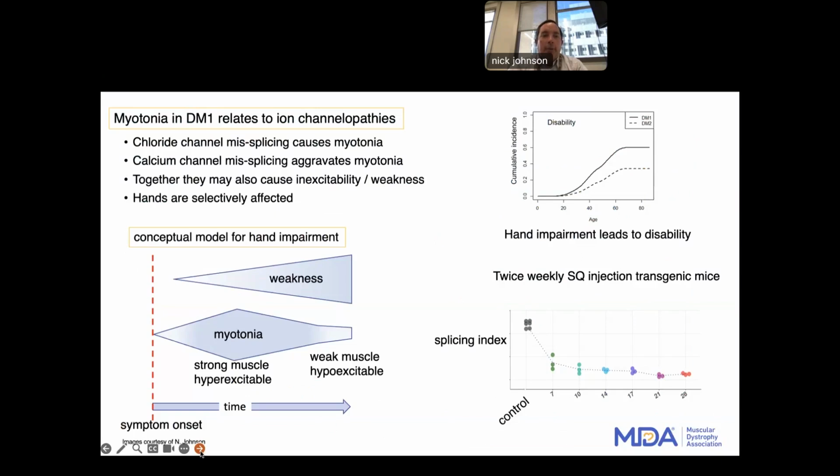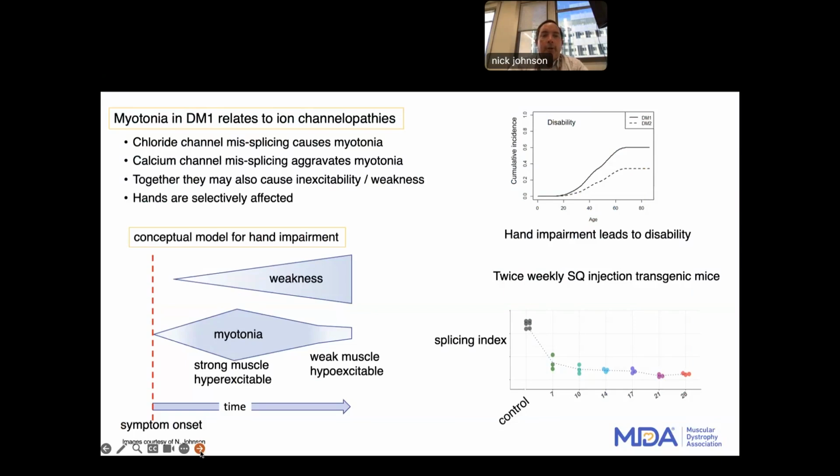So let's talk a little bit about myotonia. It's in the name of the disease. It is a complicated symptom to evaluate because it doesn't follow a strictly linear path of disability. So when you think about myotonic dystrophy as it relates to DM1, it's a combination.